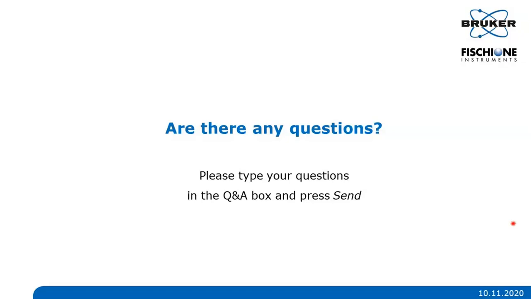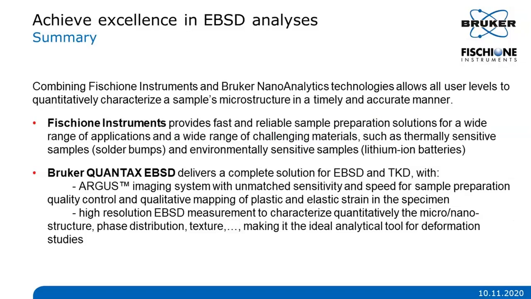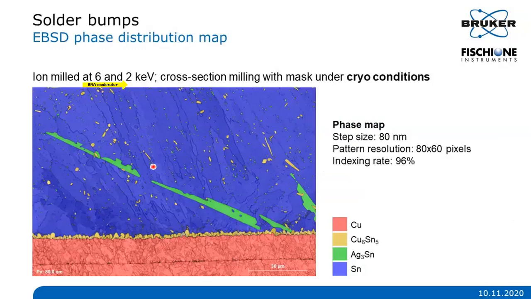I have a TKD related one. Someone is asking how we prepare samples for TKD measurements. Ion milling is the best technique, of course, for polishing very fine microstructure. You use TKD when the grains are finer than 300 nanometers. The example here is close to the limit of the EBSD box sample, for very fine grains.